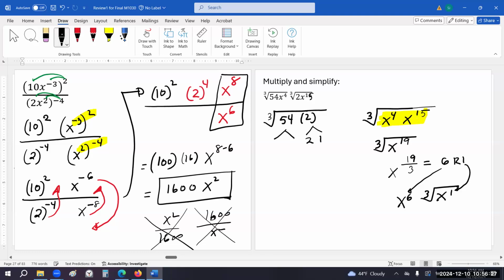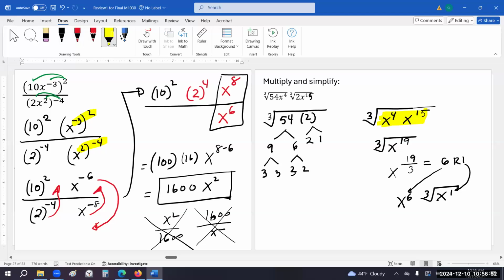2 is 2 and 1, right? What is 54? What two numbers make 54? 9 and 6. Now, none of them are perfect cubes, right? So let's keep breaking them down. 9 is what and what? And 6 is what and what? 3 and 2.